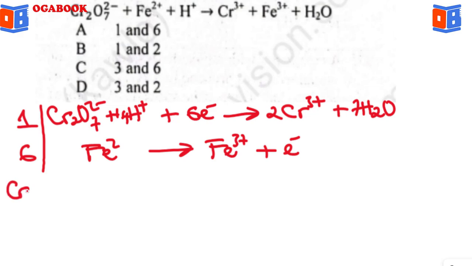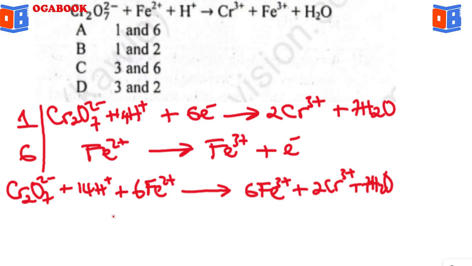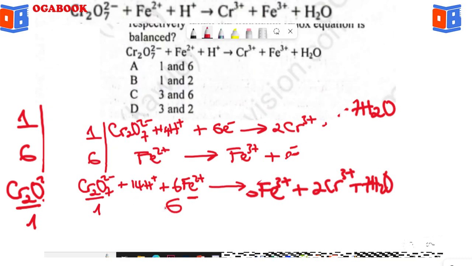And then we have this overall equation. So the coefficients of dichromates and iron are respectively 1 and 6, making our answer A to be correct.